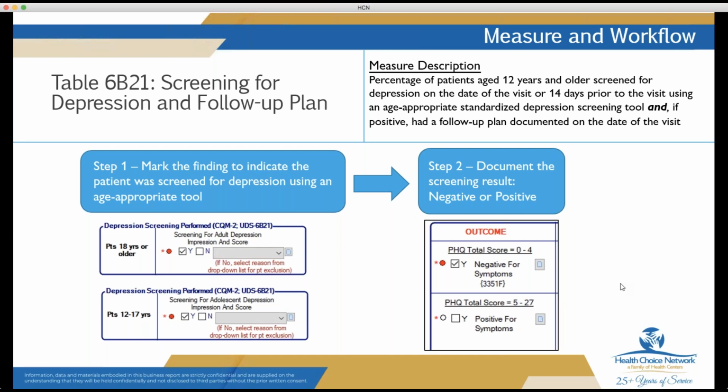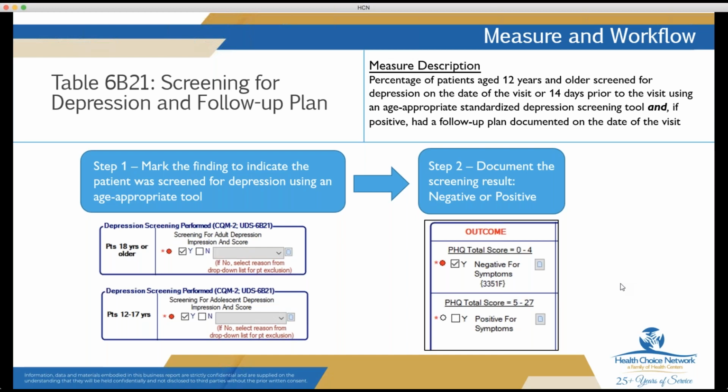So we're very familiar with the follow-up portion, but the change in workflow that we had to implement, like mid-year basically, was the additional findings for recording that the screening occurred using an age-appropriate tool.